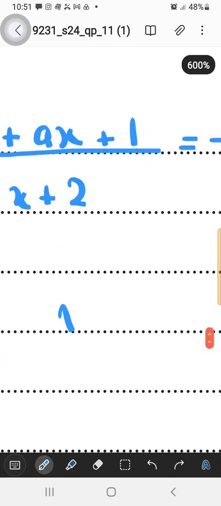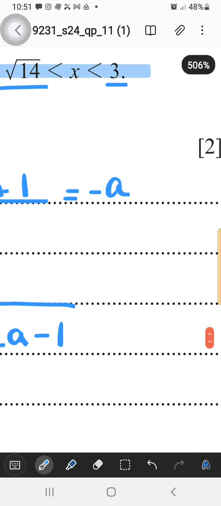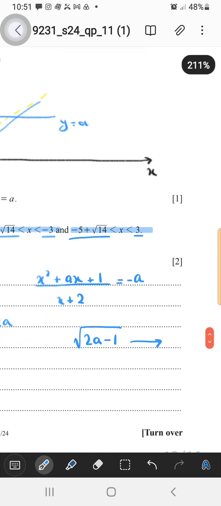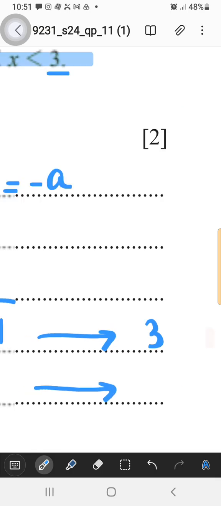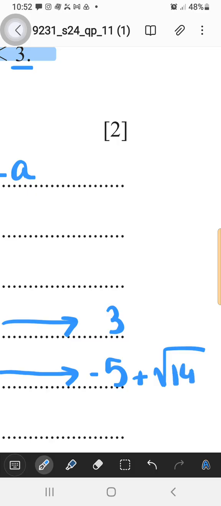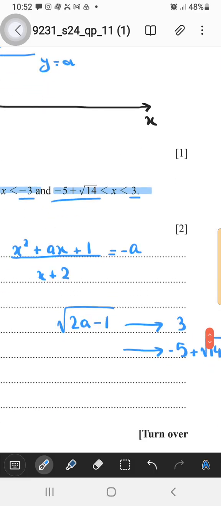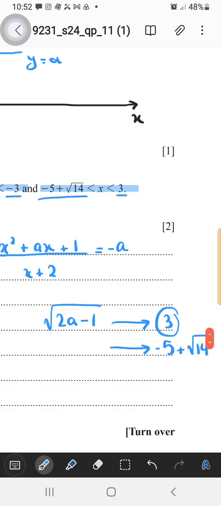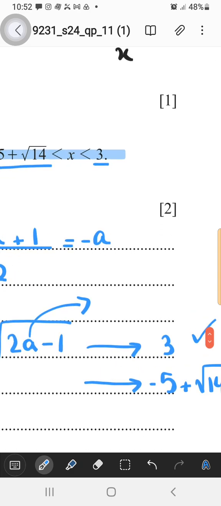If I take positive under root 2a minus 1, I will take the other two positive values. One is 3 and the other one is negative 5 plus under root 14. If we notice, under root 2a minus 1 matches the structure of either this or this. This is possible if this becomes a square number.